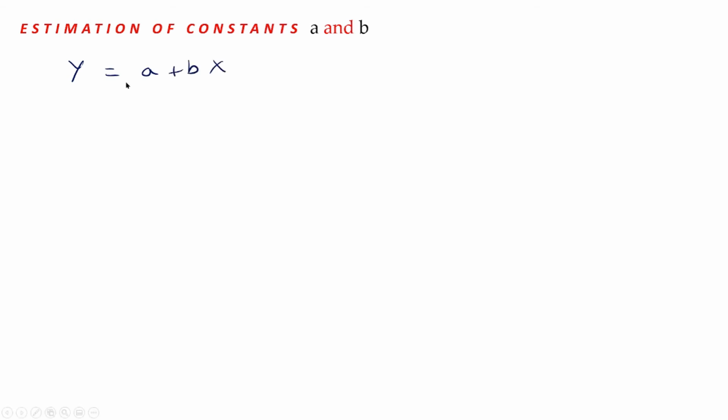Now how can we find this a and b? We can find the values of a and b using the normal equations. The normal equations are given by summation y is equal to na plus b summation x, and summation xy is equal to a summation x plus b summation x square.